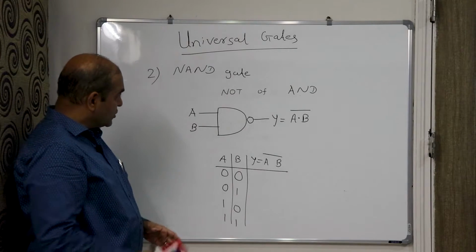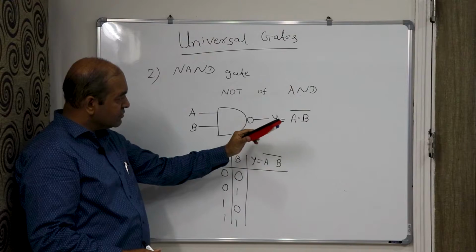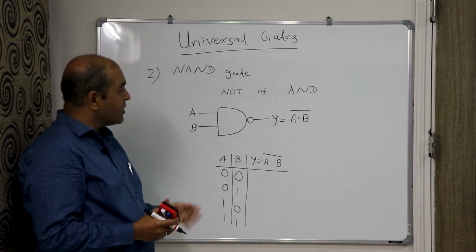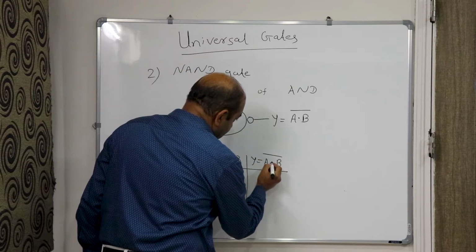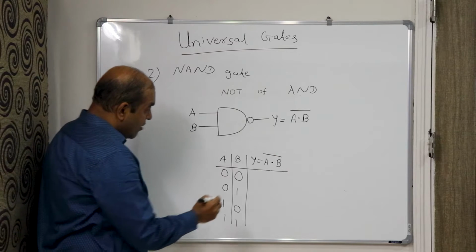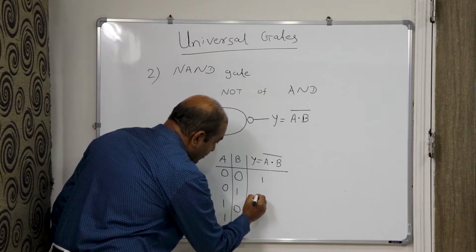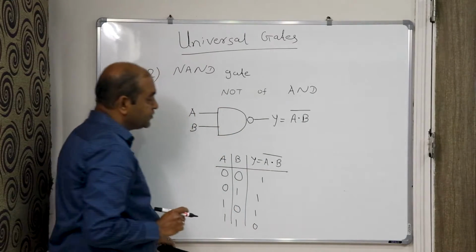A and B are the inputs. AND gate with a bubble, so it becomes NAND. Y is equals to A dot B whole over bar. Here that is a dot. Output is 1 1 1 0.